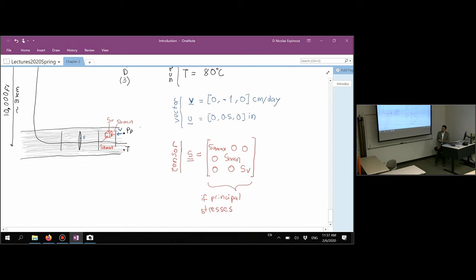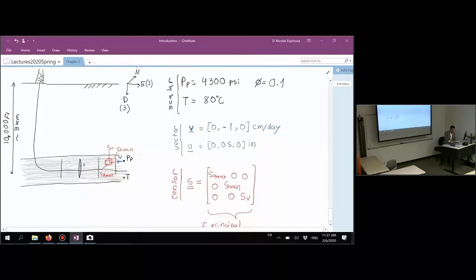In geomechanics, we're going to assume that compression is positive and tension is negative, and with the values of the stress in the tensor, we'll see that they are not necessarily aligned with the direction of the axis. So, for example, in all of these cases, it appears that these are pointing, at least SH mean is pointing in direction negative to the axis.